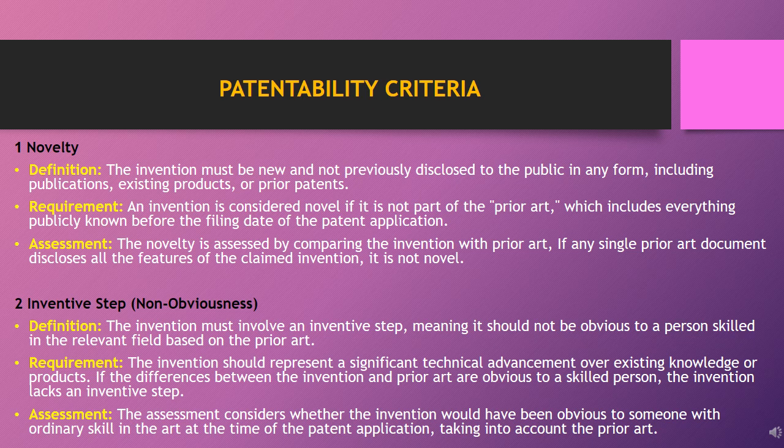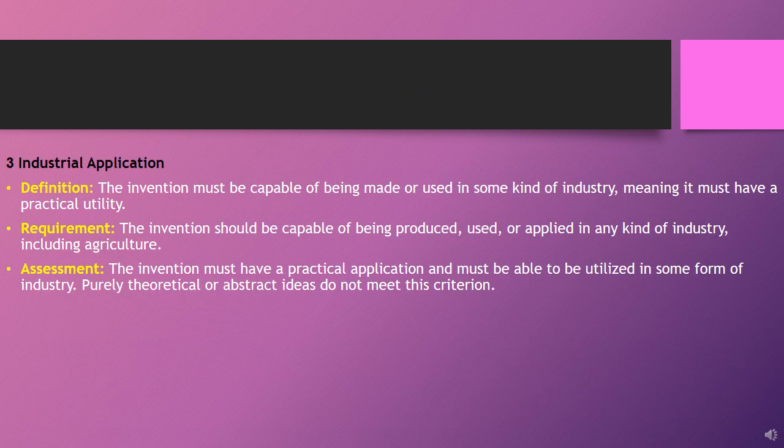If an expert could easily come up with the invention by combining what's already known, it's not inventive enough to deserve a patent. And how it is checked? They consider whether someone with ordinary knowledge in the field would have easily thought of the invention based on what was already known. Next, third one is industrial application.